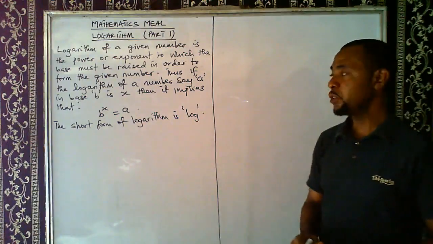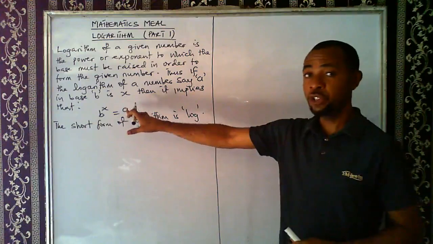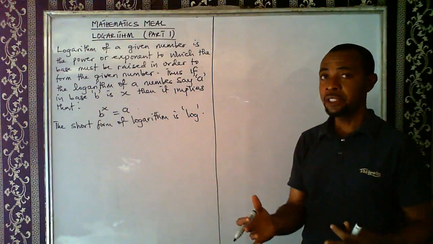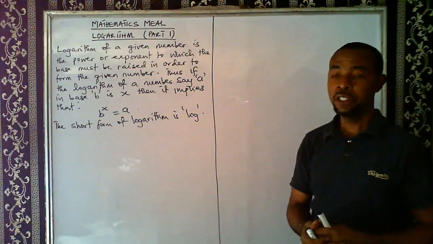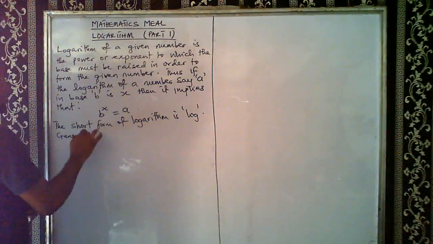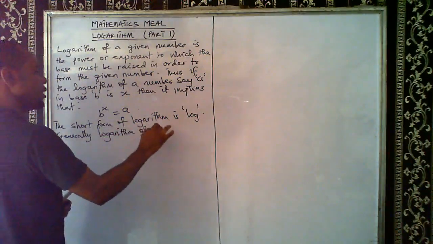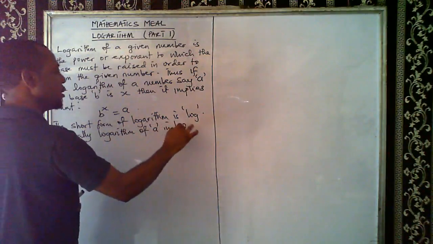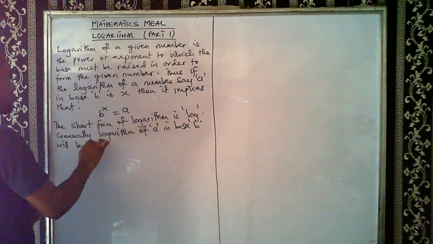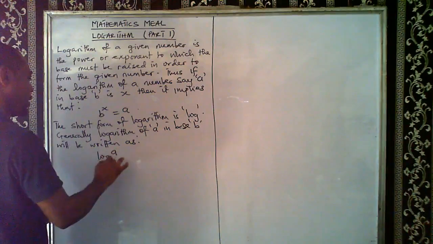So now let's go back to this expression. We'll return to it in a short while. Generally, logarithm of a in base b will be written as log a in base b.